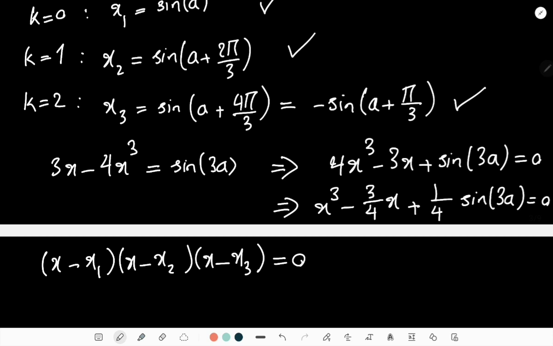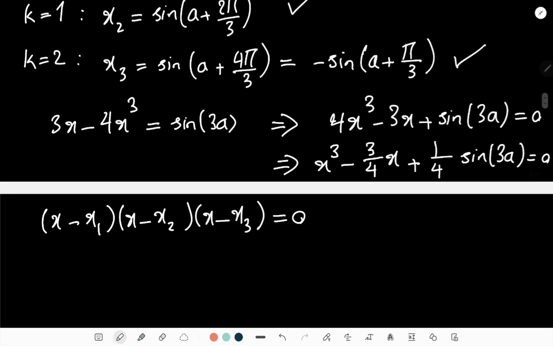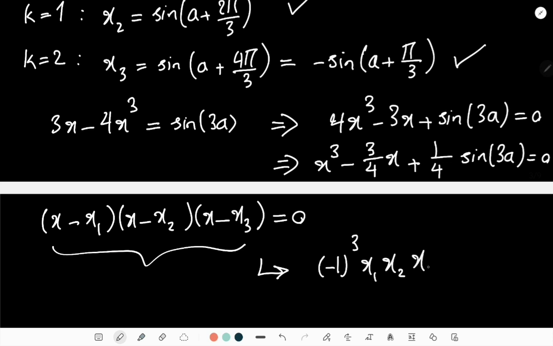And we know that when you expand this algebraic equation, the constant value, it means the coefficient of the power 0 of x, will be minus 1 to the power of 3, x1 x2 x3. And this is nothing but the constant value in this equation up here, which is basically 1 over 4 sine of 3a.